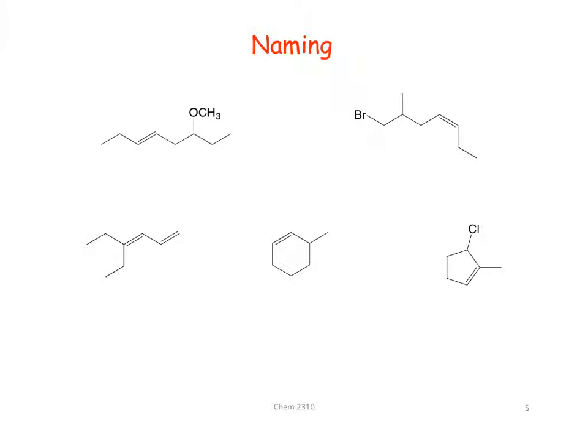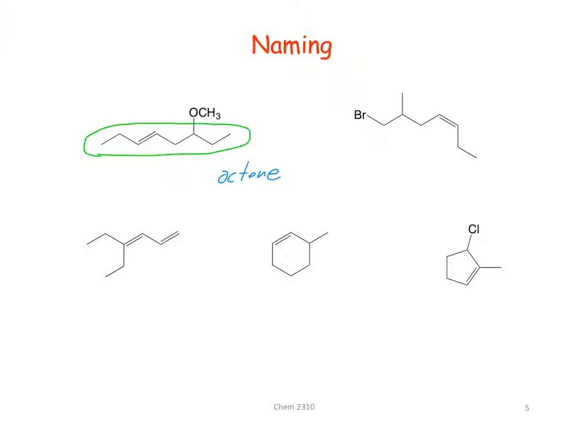So the longest chain, so this ether doesn't matter. It's just going to be named, remember, as a substituent. So here's our longest chain. 1, 2, 3, 4, 5, 6, 7, 8. So this is an octene.